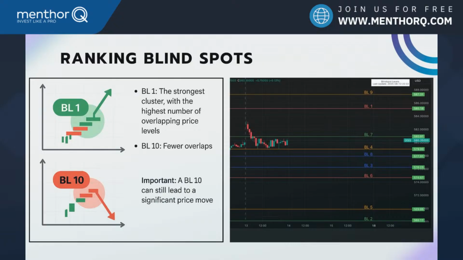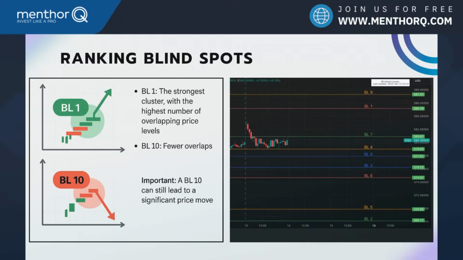So the blind spots level is a bit different from our gamma levels. BL1 represents the strongest cluster with the highest number of overlapping price levels. So it's a very, very strong level because we see a lot of reaction zones in the same cluster of areas.